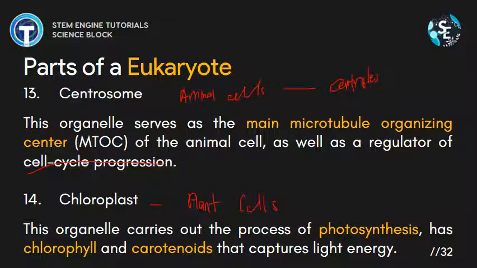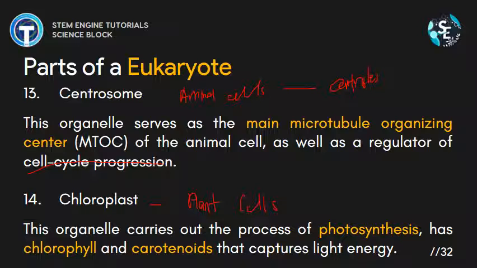The centrosome is responsible for the creation of centrioles, which in turn, ito yung bumubuo ng mga spindle fibers which we can observe during the metaphase and anaphase phases of mitosis or cell division. So the centrosome is a major contributor towards the success of a mitotic or meiotic cycle.